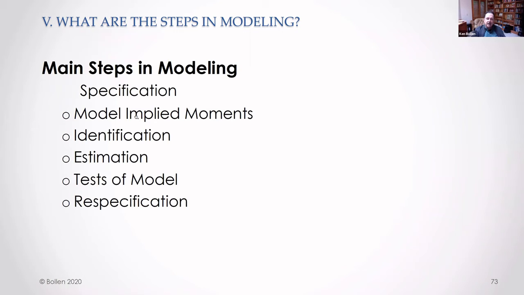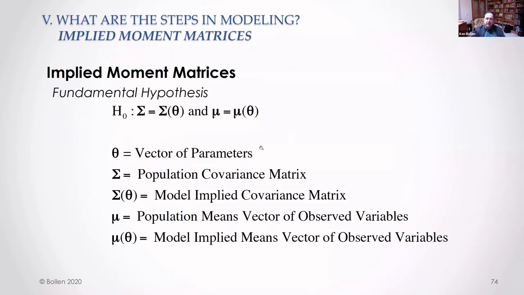The second step is the model implied moments. Now, I don't expect you to get all the details on this, but I'm trying to give you a sense of what's involved in this modeling. And to do so, I need to define a couple of terms. The simplest terms to define are the population covariance matrix of the observed variables.